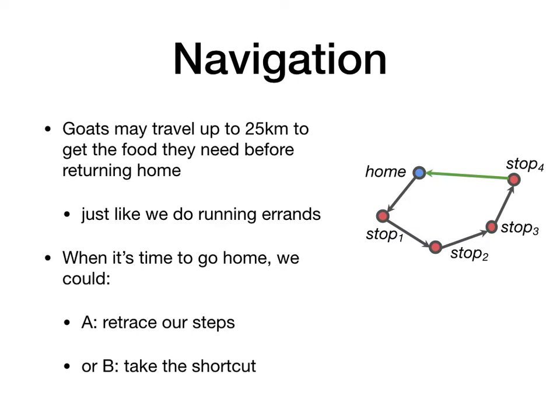Okay, I have to go here, here, here, and here. Now, when it's time to go home, what do I do? Do I just retrace my steps all the way back? Or do I take a shortcut? Do I take the route that I know will take me directly home instead of having to trace back all the associated points on that path?